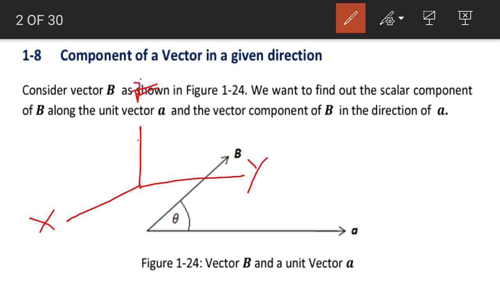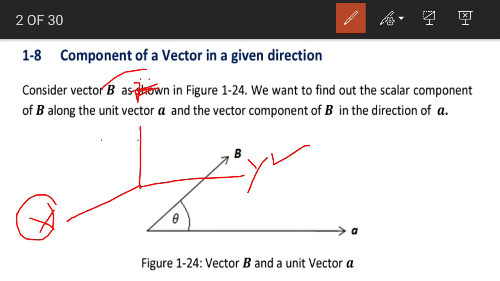If you want to find out the component of this vector along x-axis, you need to find out the component of this vector along this line. If you want the component along y-axis, we need to find the component along the second line.